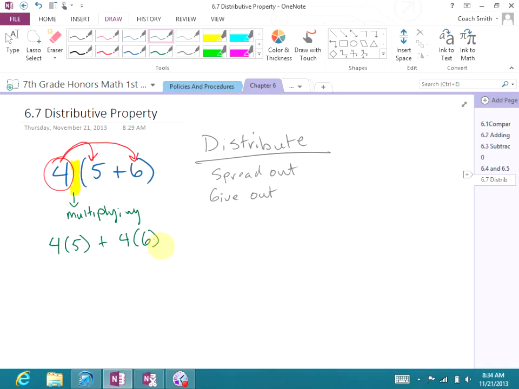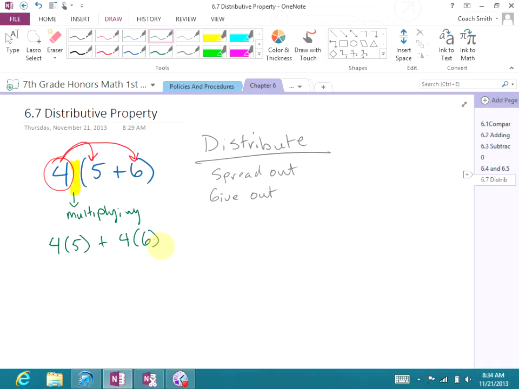Now, I know what you're saying in your mind. You're going, well, why don't I just add 5 plus 6? Correct. That is correct. That is a simpler way to do this specific problem. But we have to use a simpler problem to learn the distributive property.